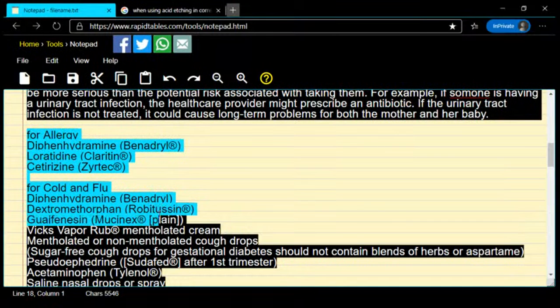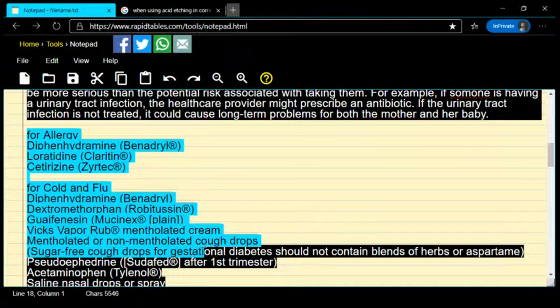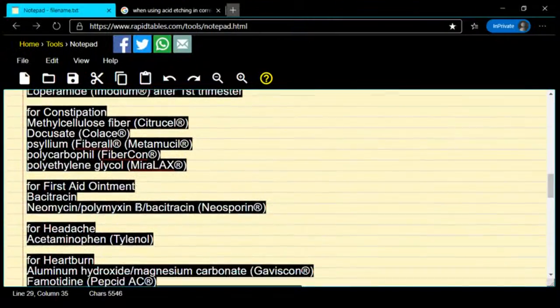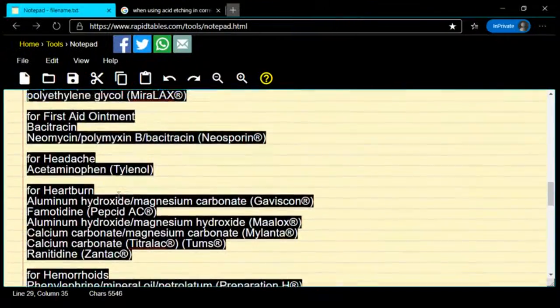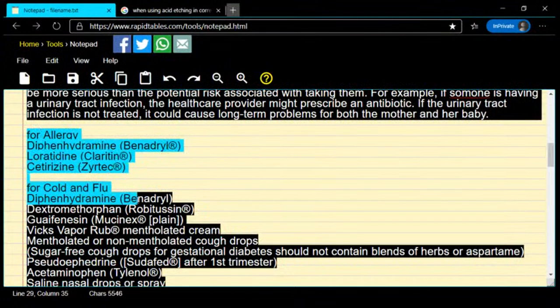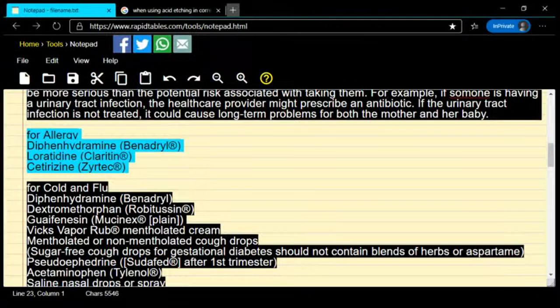And here we have the treatment for allergy, for cold, for diarrhea, constipation, etc. Let's start writing.